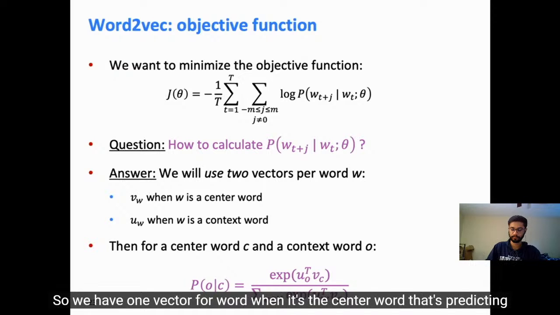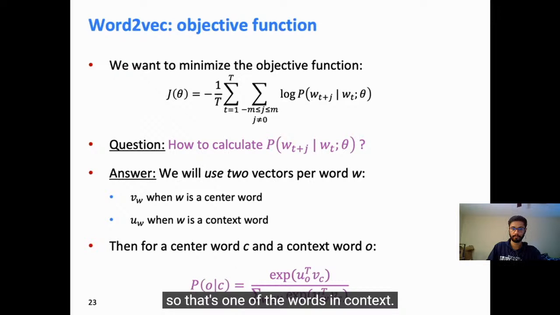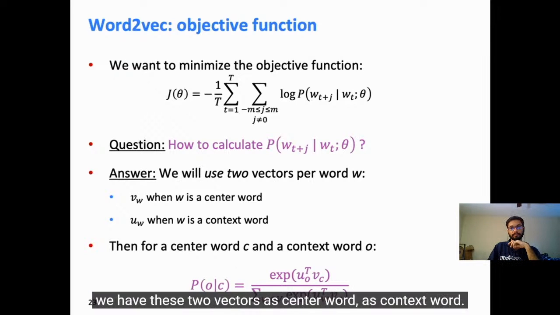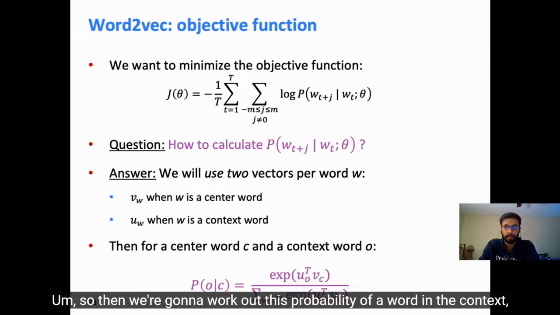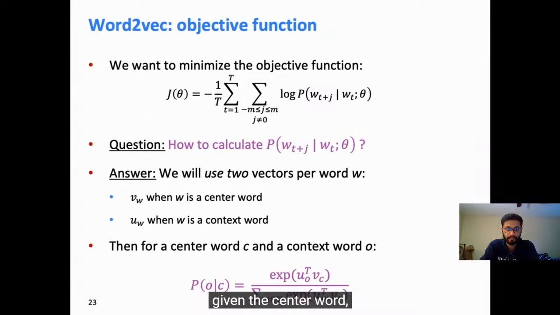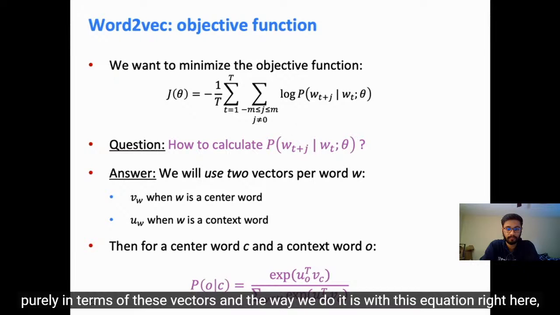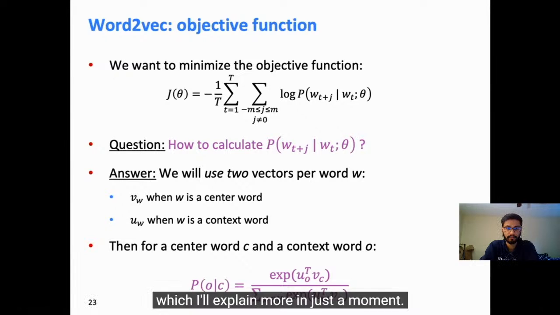So we have one vector for a word when it's the center word and it's predicting other words, but we have a second vector for each word when it's a context word. So it's one of the words in context. So for each word type, we have these two vectors as center word, as context word. So then we're going to work out this probability of a word in the context given a center word purely in terms of these vectors. And the way we do it is with this equation right here, which I'll explain more of in just a moment.